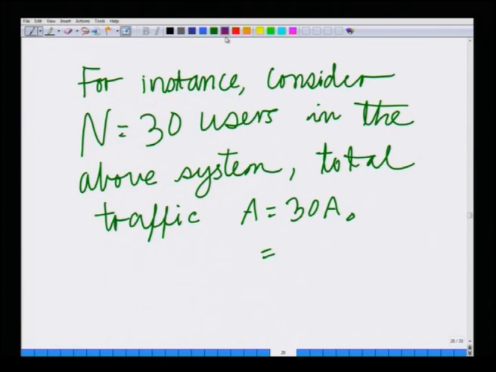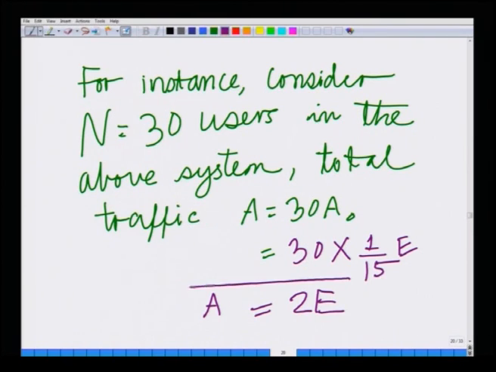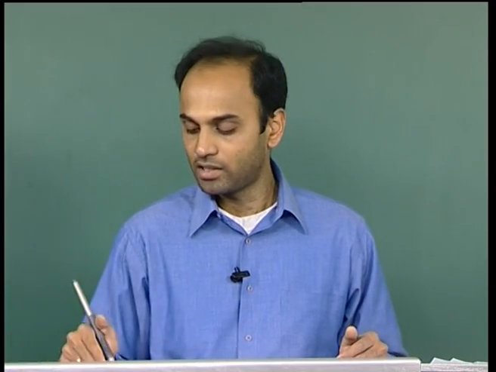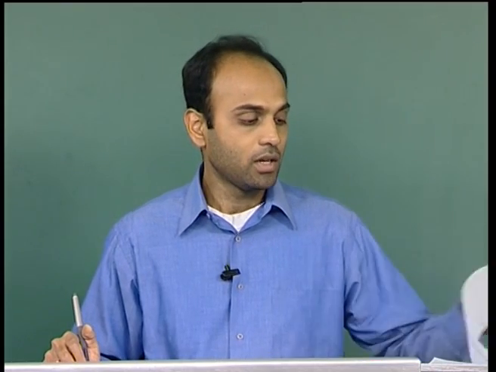We said the traffic per user A naught is 1 over 15 erlang, hence this is 30 times 1 over 15 erlang, which is equal to 2 erlang. The total traffic in the previous system corresponding to 30 users is 2 erlangs of net traffic.